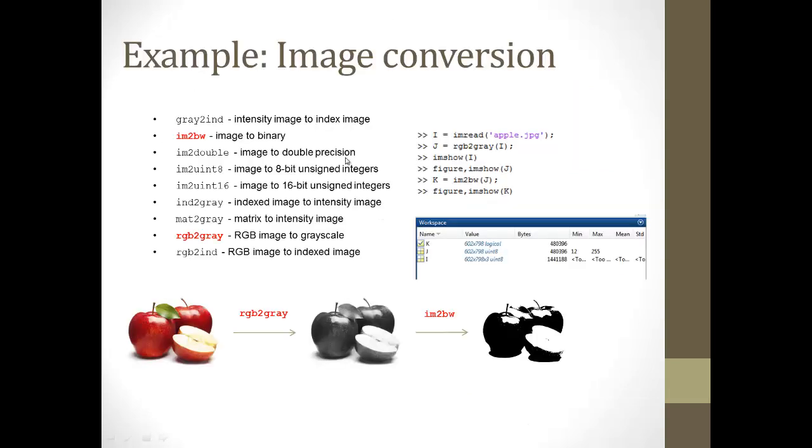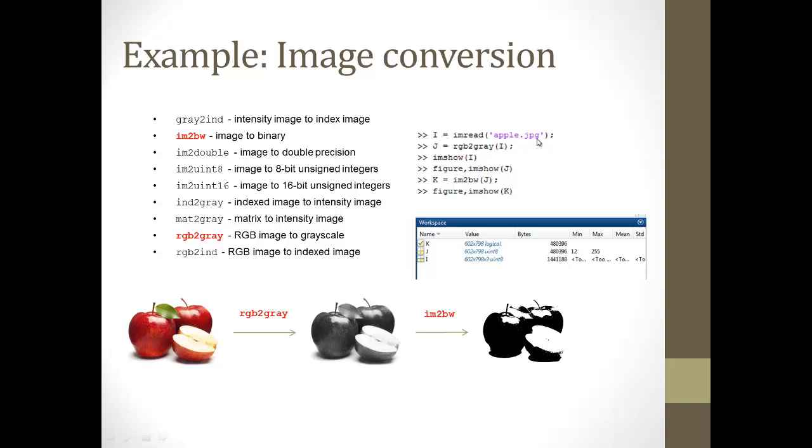Now let's do some conversion. I just want to emphasize these two items here, because other items perhaps we will not use in our course. First is the RGB image to gray image. You can write the code like this.